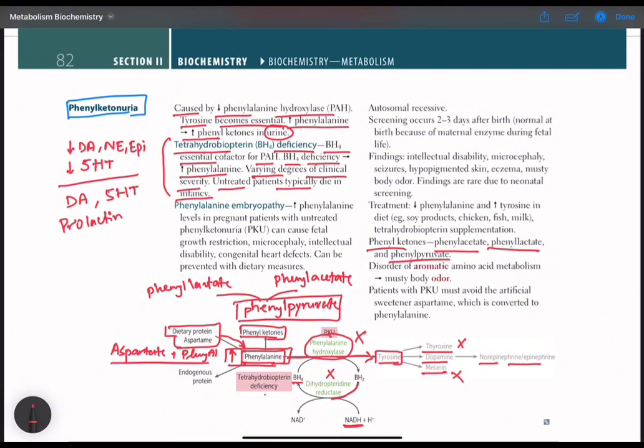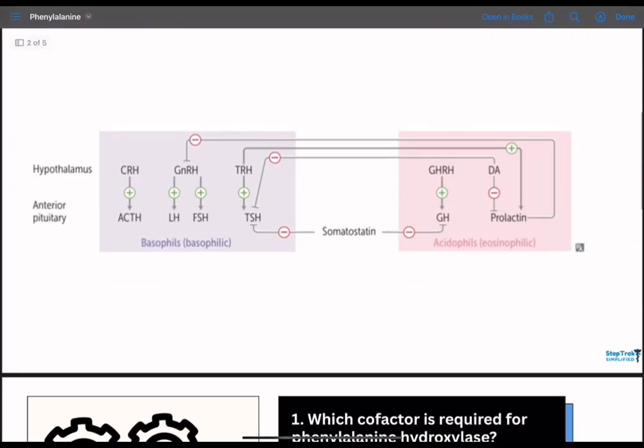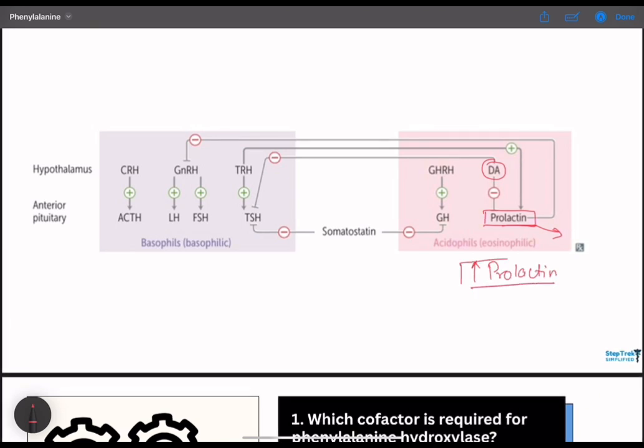Since dopamine has an inhibitory effect on prolactin, in these patients with tetrahydrobiopterin deficiency, the prolactin levels are checked. We will have high levels of prolactin, and these levels are checked to give an idea of how much dopamine there is in the body.